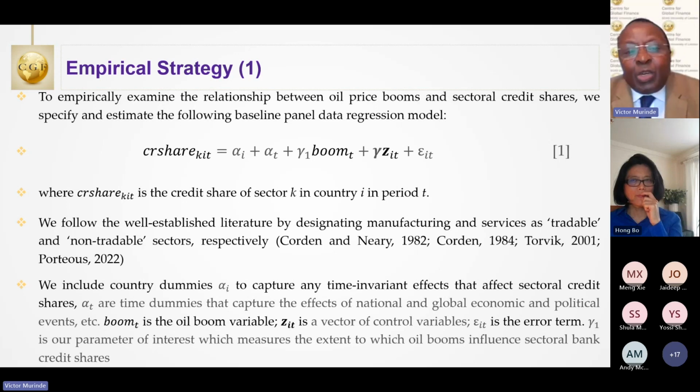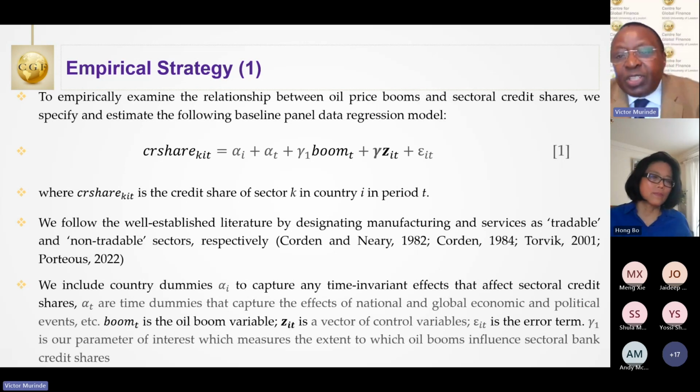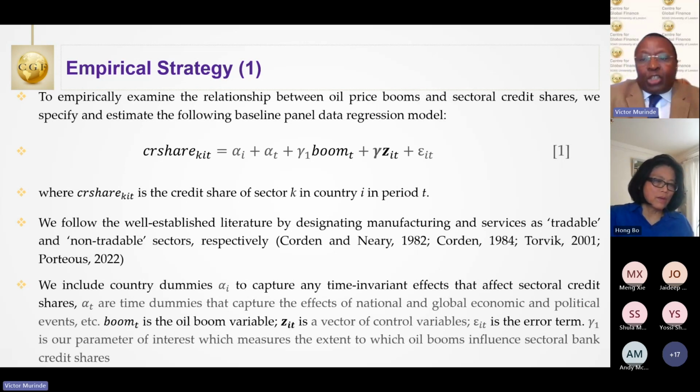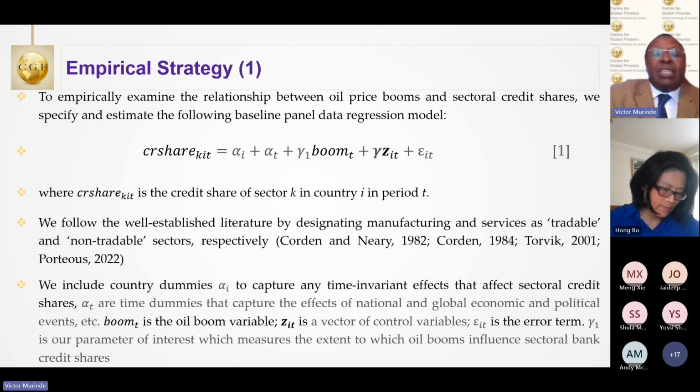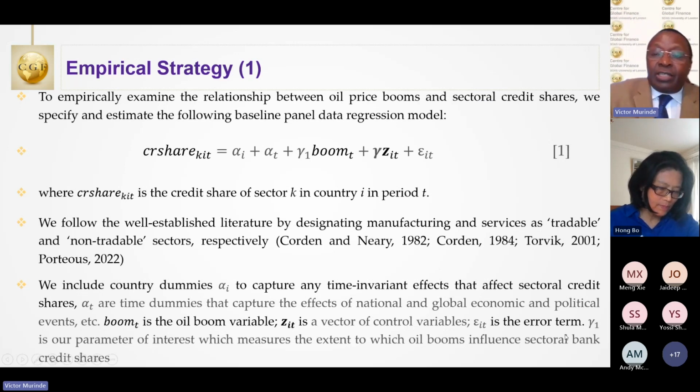So the strategy we use is to pin down empirically the relationship between oil price booms and sectoral bank credit shares. And we specify and estimate initially the baseline panel data regression model that is reflected here in equation 1.